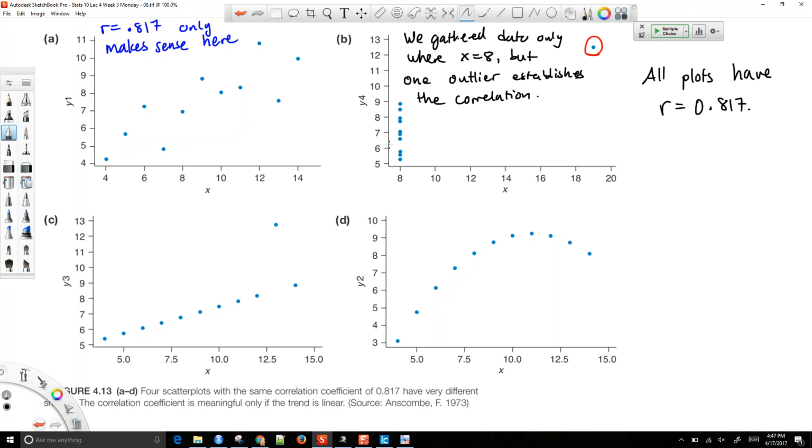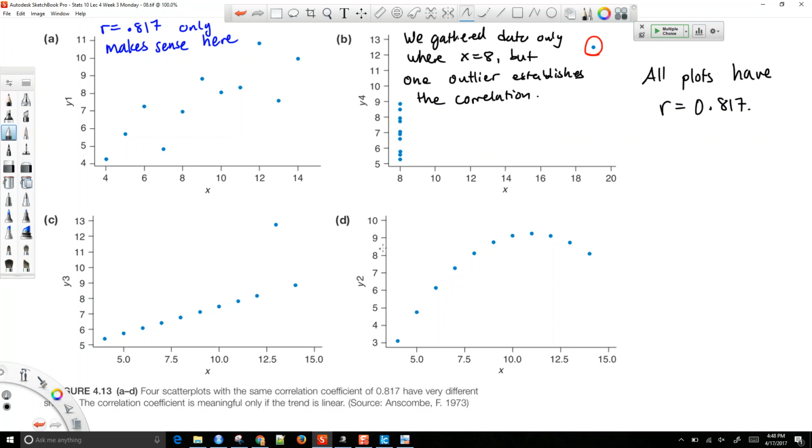Let's say you come across somebody with 11 fingers, and this person is making $10 million a year or something like that. Then if you try to establish a relationship between the number of fingers and income, just that one person suddenly shows you, oh, the more fingers you have, the more money you're going to make. Or something ridiculous like that, right? Don't do that. Correlation in that regard doesn't make sense.